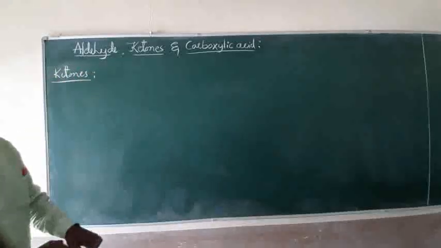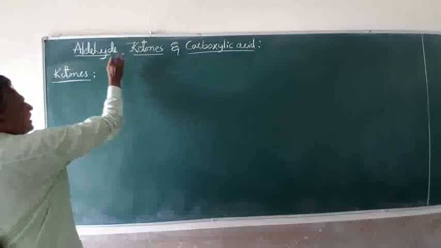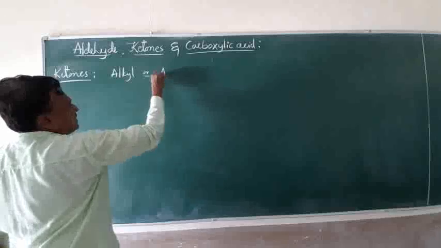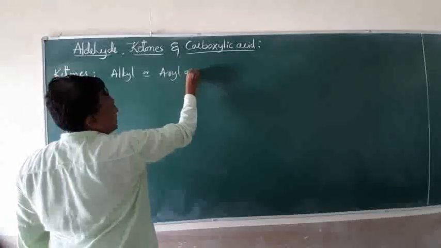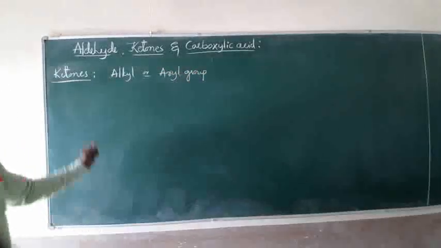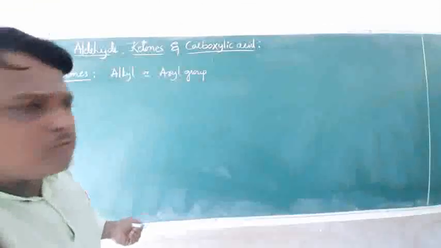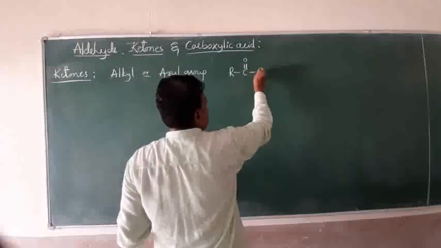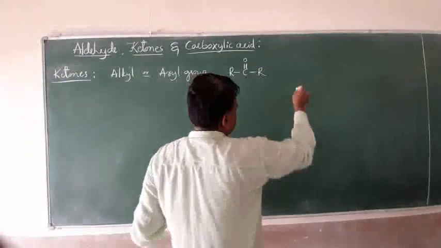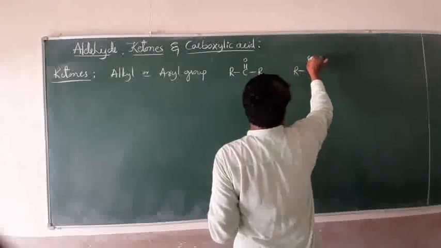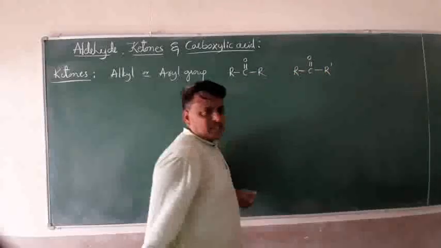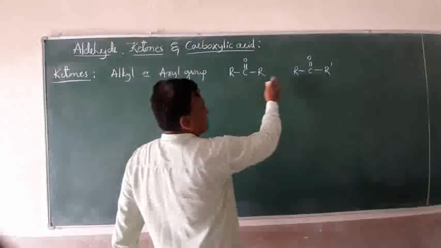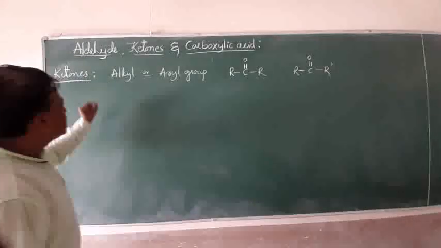We know ketones are derived from the corresponding alkyl or aryl groups. I repeat, ketones are derived from the corresponding alkyl or aryl groups, with the general formula RCOR, or RCOR' if one is alkyl and one aryl, or different alkyl groups. This is a very simple general formula of the ketone category.